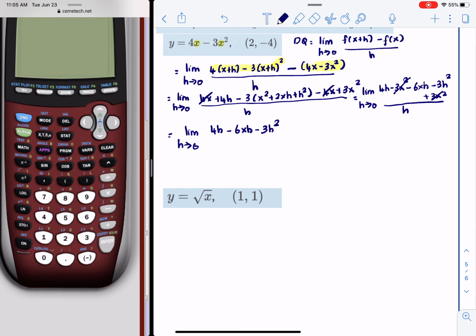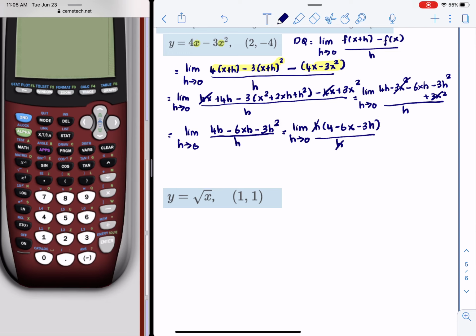So what do we have in common in the numerator? We have an h in common, so limit as h approaches 0, h times 4 minus 6x minus 3h, divided by h. All I did is pull the h out, so that would be 3h.